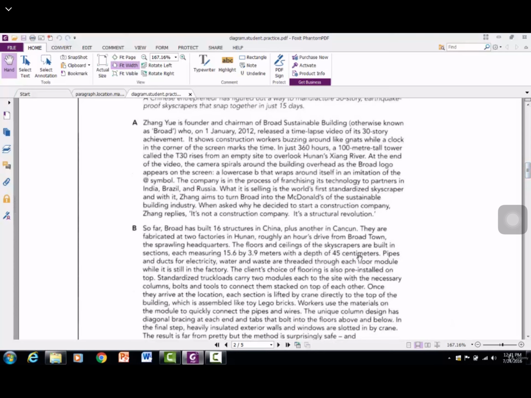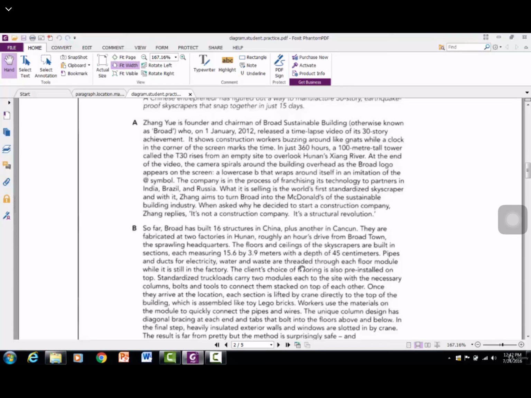All right, it says pipes and ducts for electricity, water, waste are threaded through each floor while still in the factory. When it says threaded through each floor, that's a synonym for saying installed.